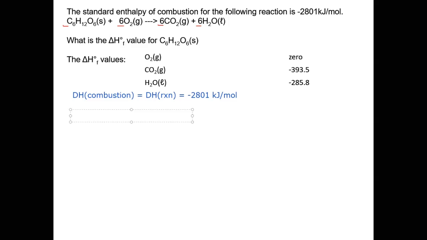So we have delta H of reaction equals 6 times negative 393.5 plus 6 times negative 285.8.